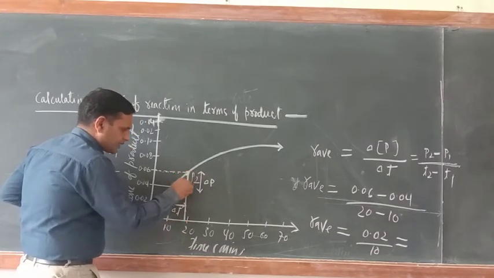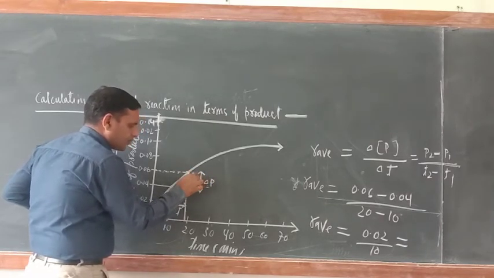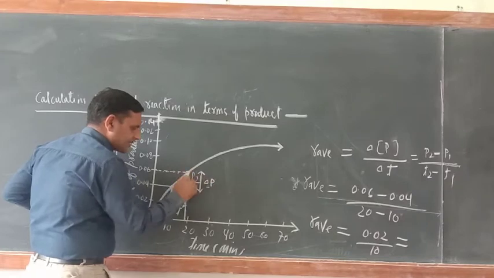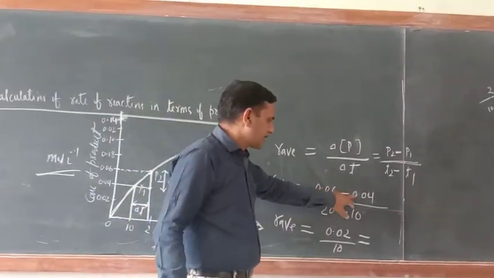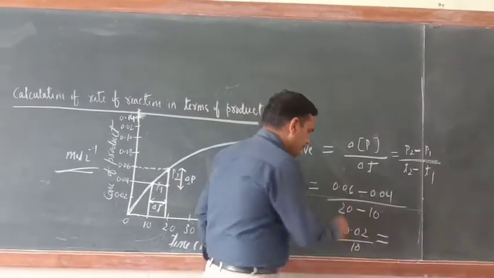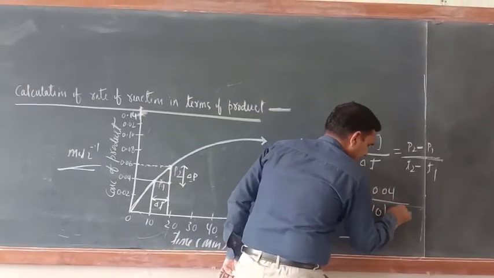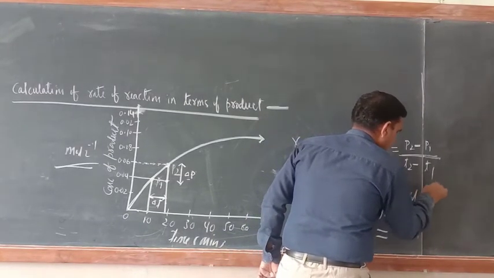So P2 is 0.06, this is 0.04, divided by 20 minus 10 minute. This is in minute, this is in mole liter inverse.